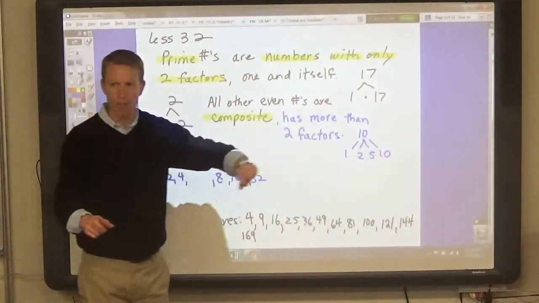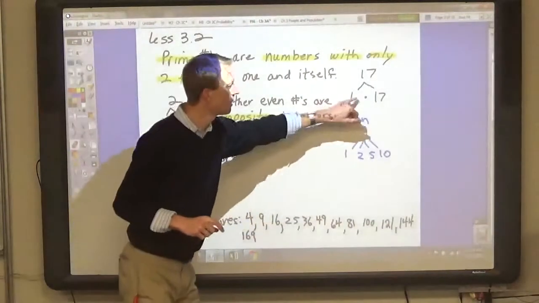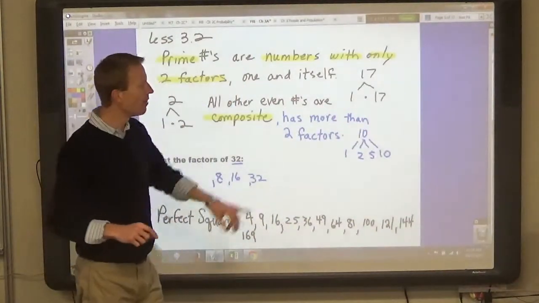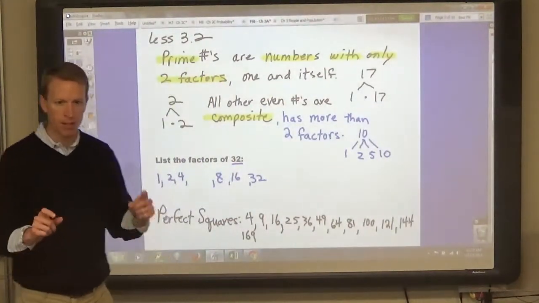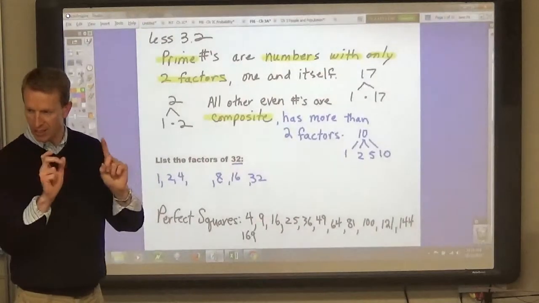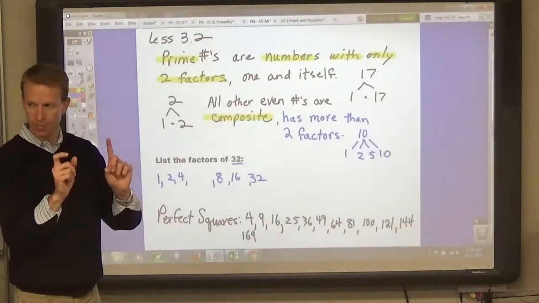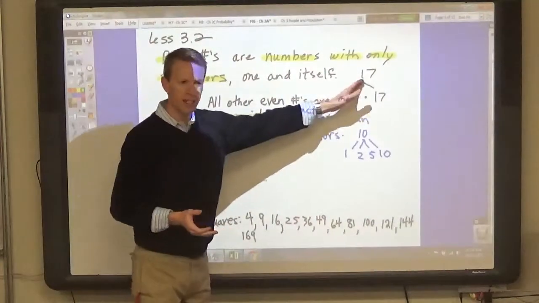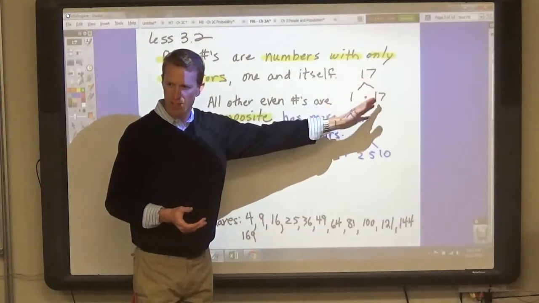The only way you can make a prime number is by multiplying 1 times that prime number. 17 is a prime number because the only way you can multiply to get 17 is 1 times 17. You can't do 2 times anything, or 3 times anything, or 4 times anything.